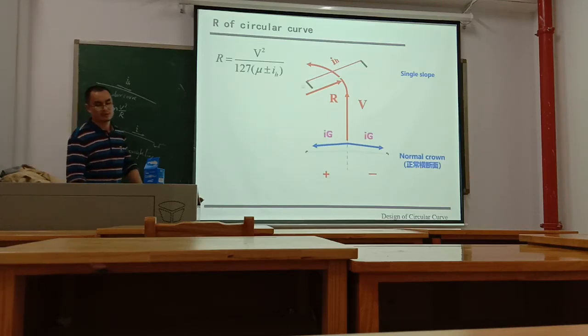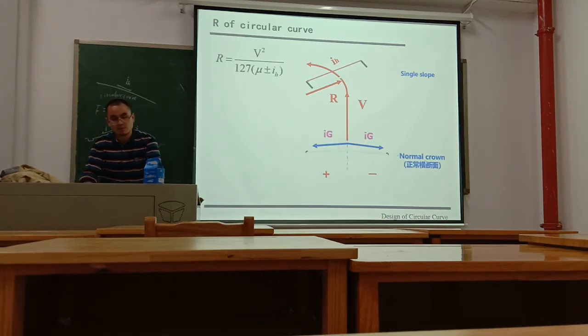On normal ground, this way and this way both have the same cross slope on two ways. This is on a single way, single slope, IH. This is on a straight line. This is on a circular path.